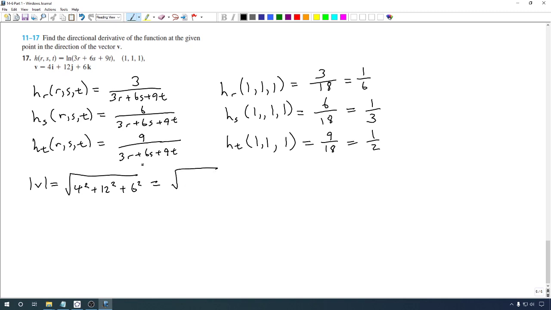If we work all that out, we get the square root of 196, which maybe is a little outside the range that most people recognize immediately, but that is 14. That means our unit vector u, if we divide all these by 14, 4 over 14 is 2/7. 12 over 14 is 6/7. And 6 over 14 is 3/7.